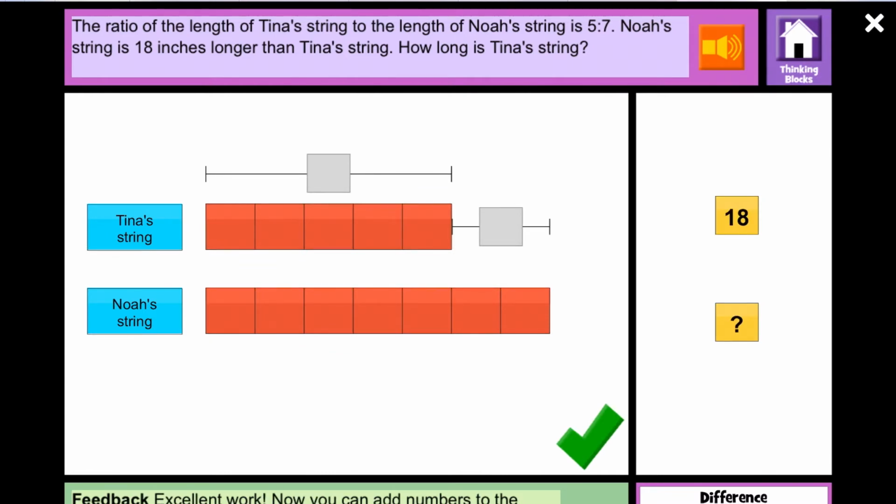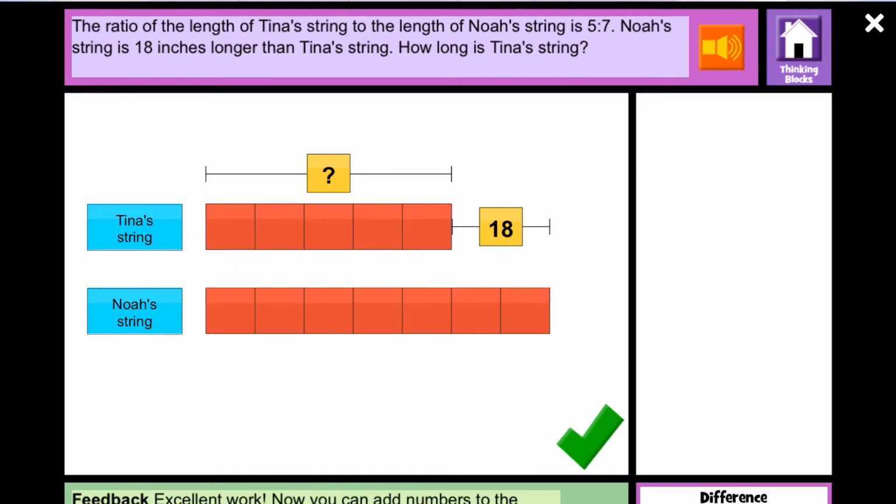So it says Noah's string is 18 inches longer than Tina's. So this 18 represents how much longer Noah's is. And we want to know how long Tina's string is. Since these are equivalent ratios between our model and the numerical value, this 18 represents the value of 2 blocks.